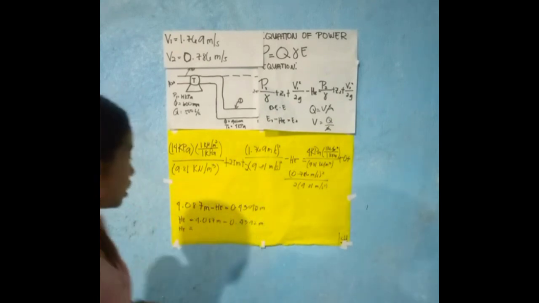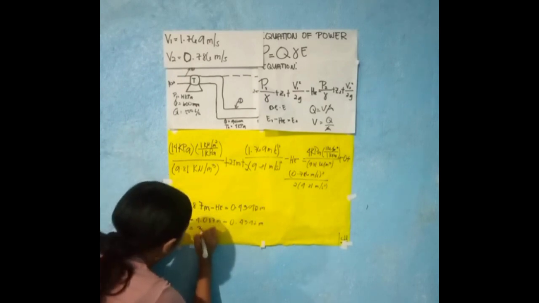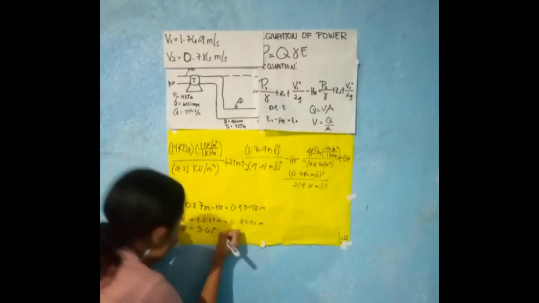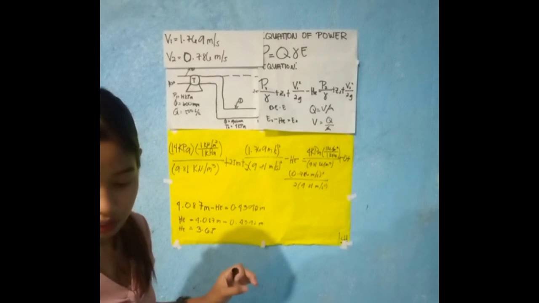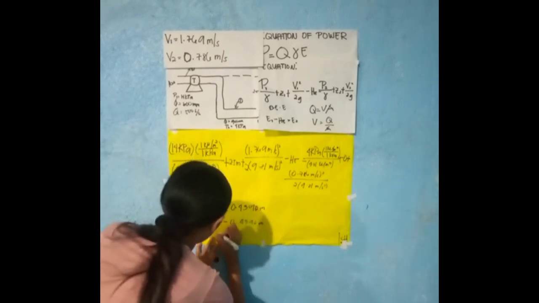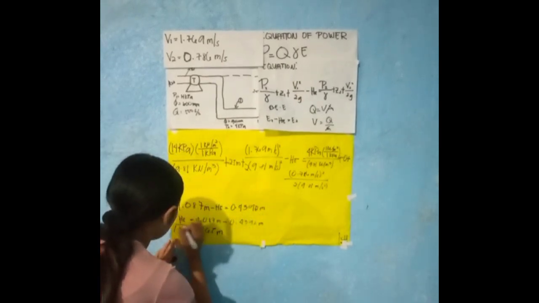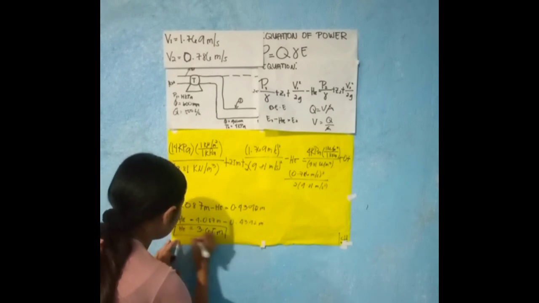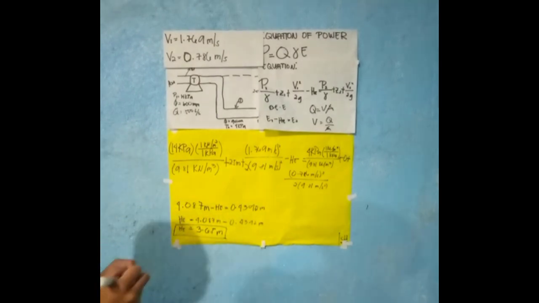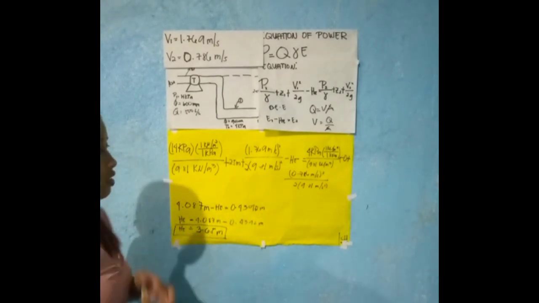So our HE is 3.65 meter. This is our HE.